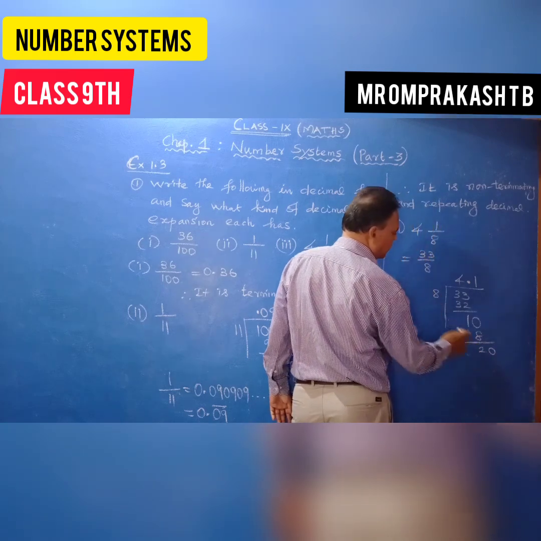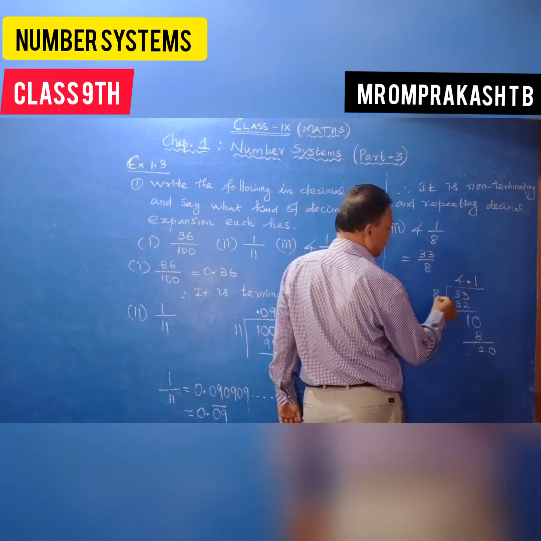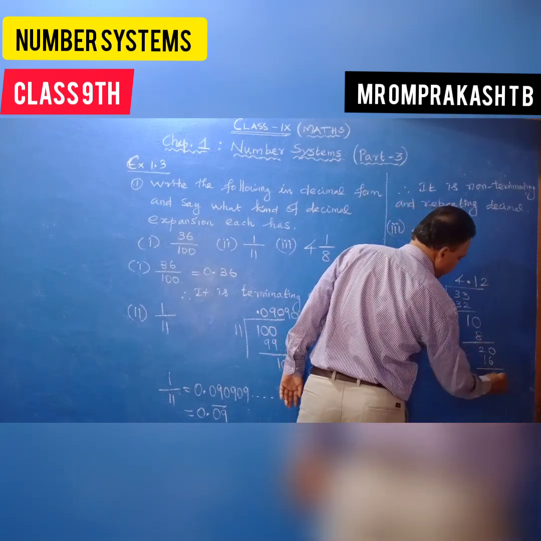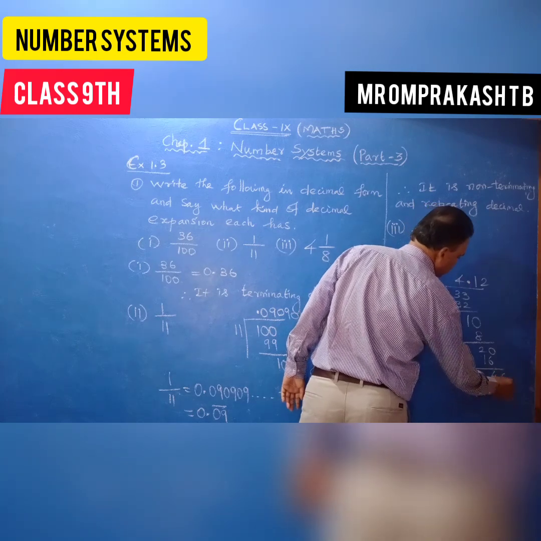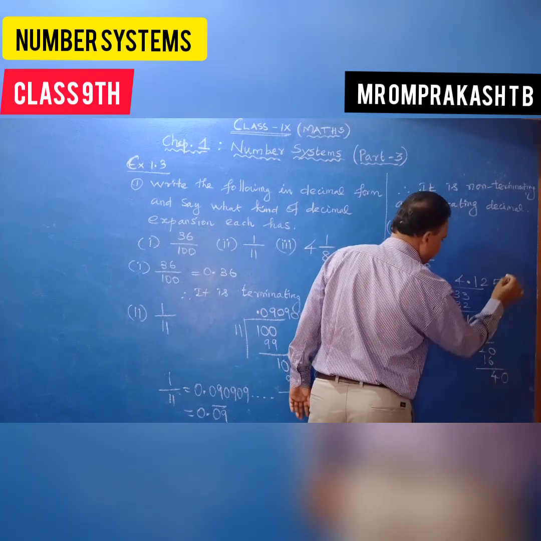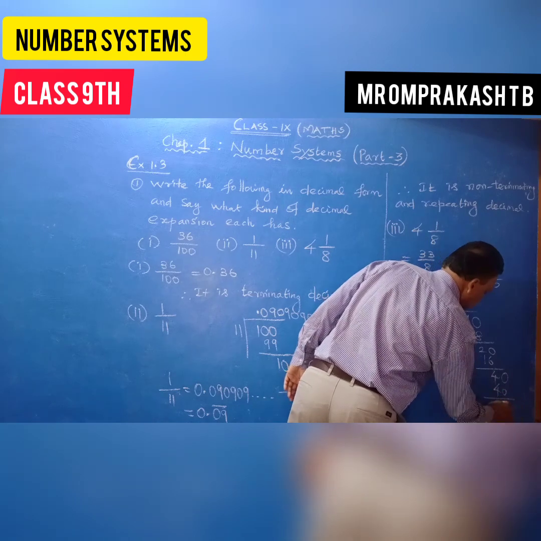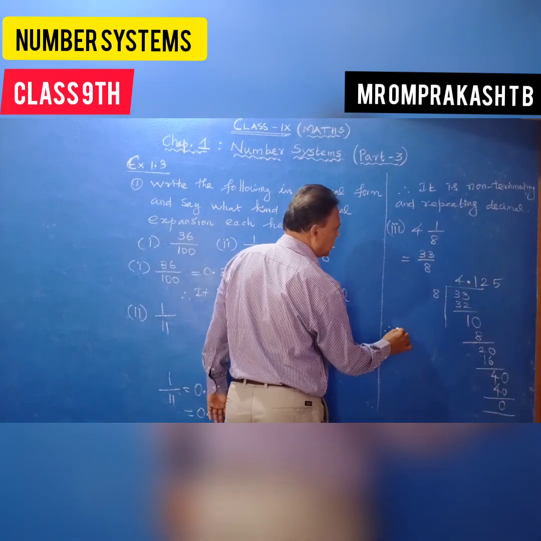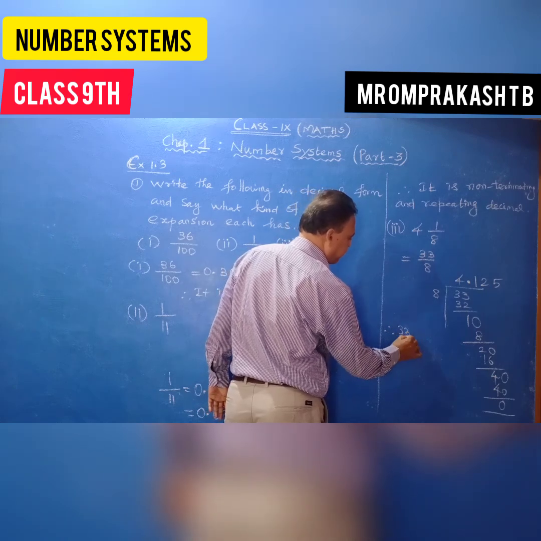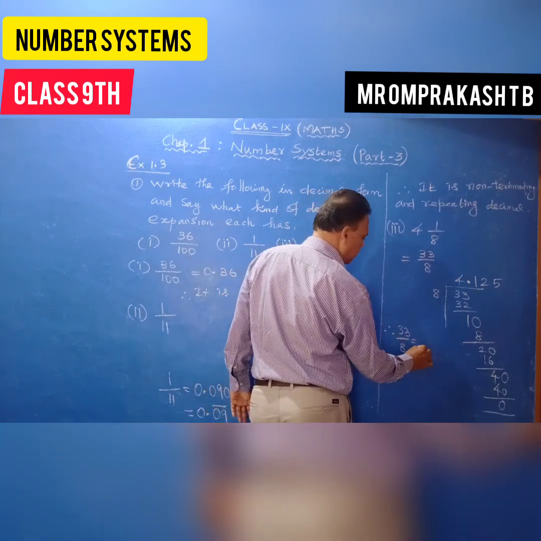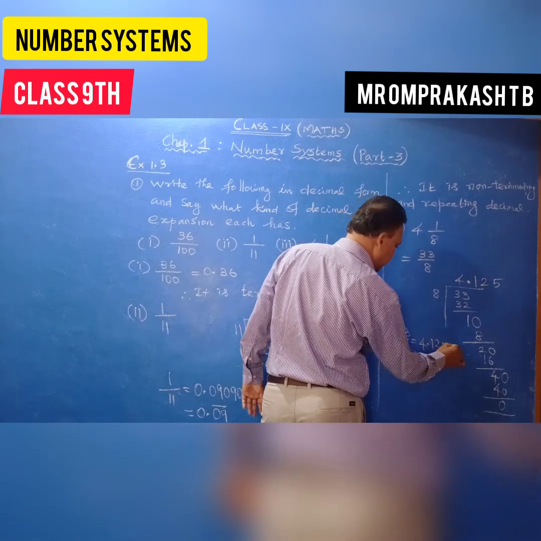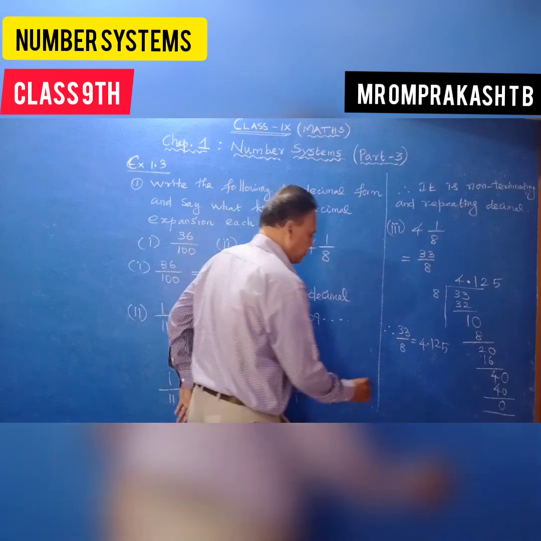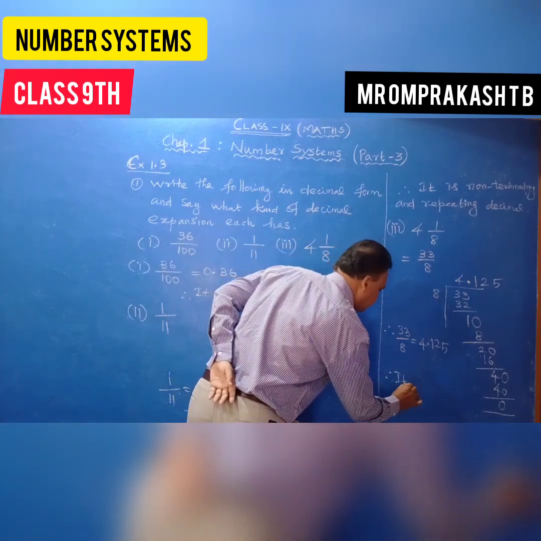Again 1 0 you put means 20. 20 by 8 how many times? 2 times will go. Right? So 16, so 4. 1 0 put means how many times will go? 5. So 40, that is 0. Therefore this 33 by 8 is nothing but 4.125, which is terminating decimal. Therefore it is terminating decimal.